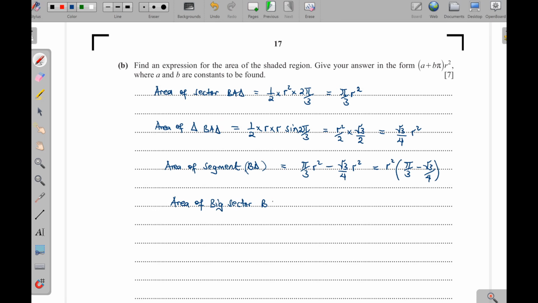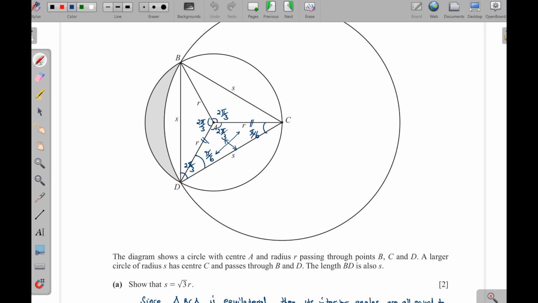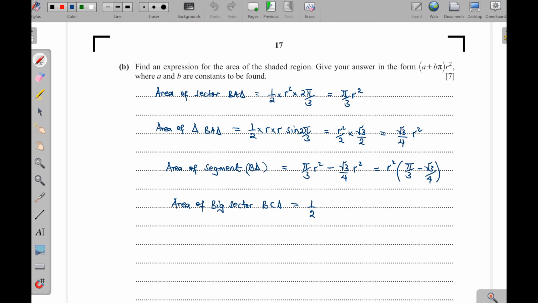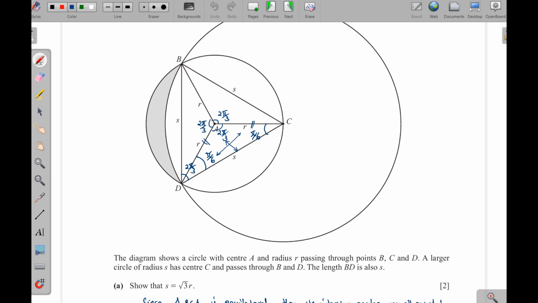Big sector BCD is equal to a half r squared. What is the radius for this big circle? It is S, so it is S squared. Then the theta, the angle here, if this is our sector, then the angle we are looking at is here, not so?